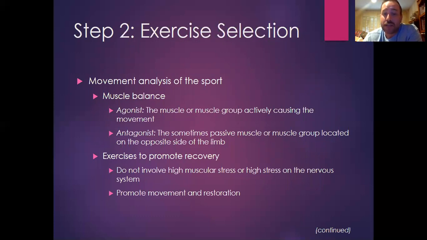Exercises to promote recovery do not involve high muscular stress or high stress on the nervous system. They promote movement and restoration. So include types of recovery exercises that just get blood flow, with no real stress on the nervous system, just a little movement to get blood flow.